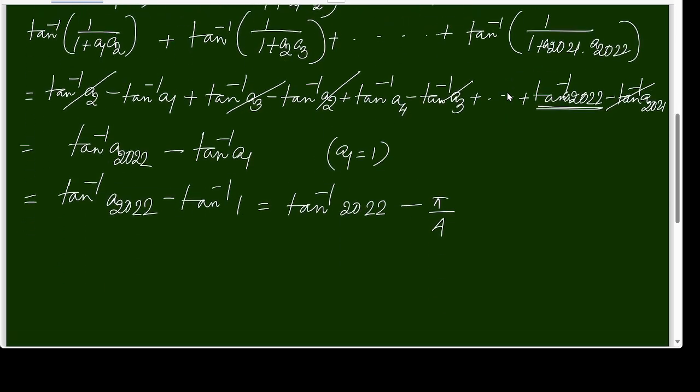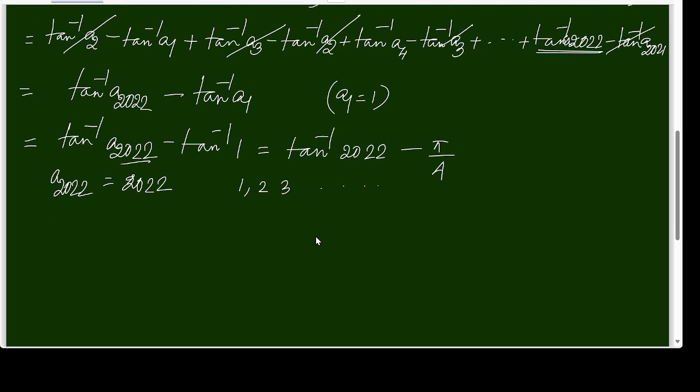Now let us check whether any other answer is there. Here a2022 is 2022, because these are the natural numbers 1, 2, 3, and so on. So it can be written in this way. Now tan inverse 2022 can be written as pi by 2 minus cot inverse 2022.